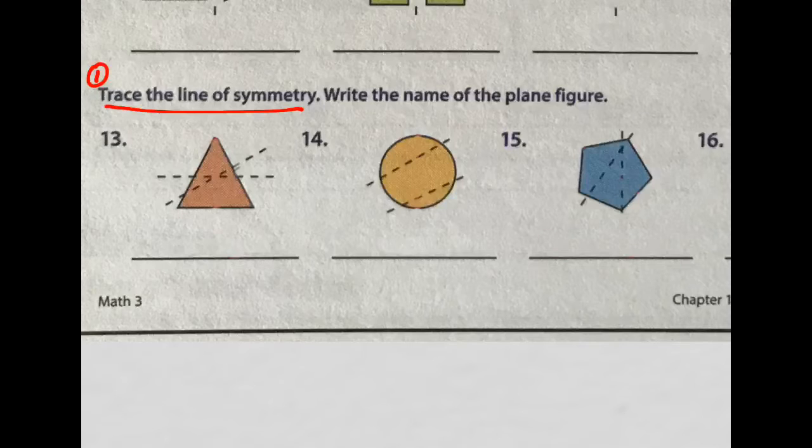Remember, a line of symmetry will divide the shape into 2 equal halves. That means they have to be identical, both sides. Then part 2, write the name of the plane figure. So that's 2 steps on that.